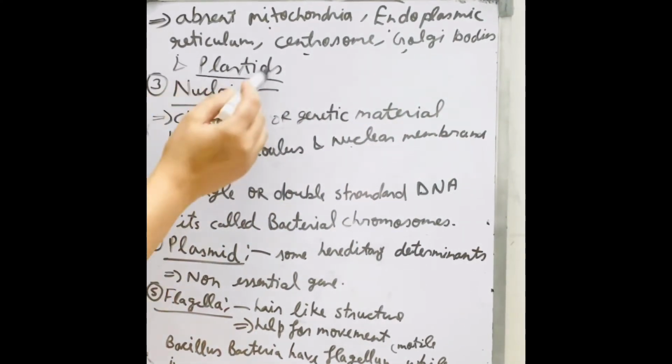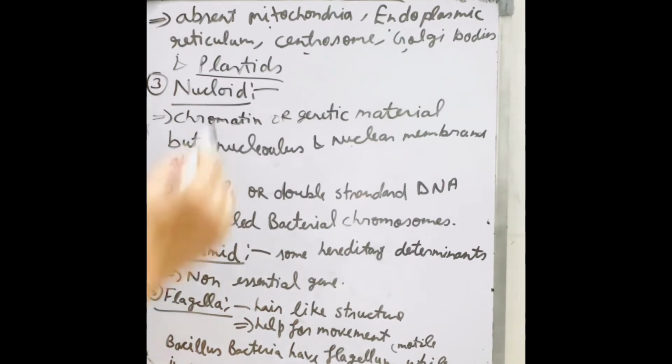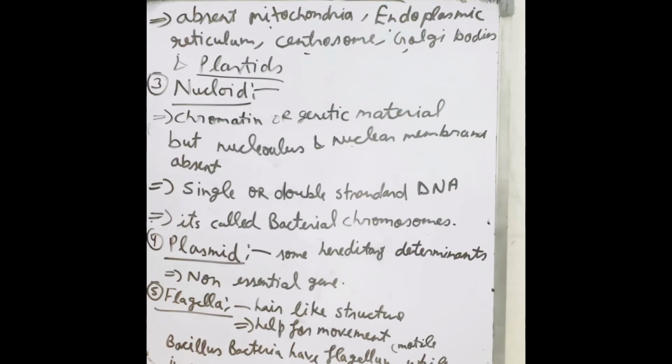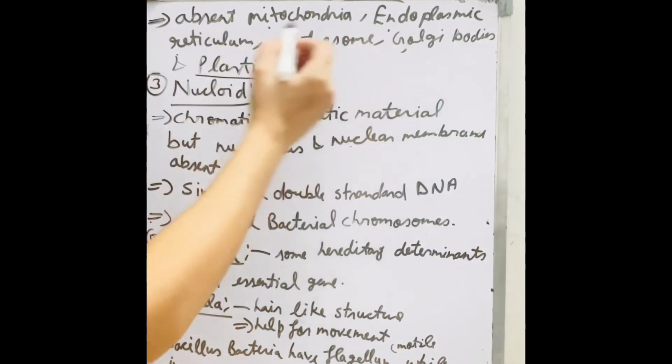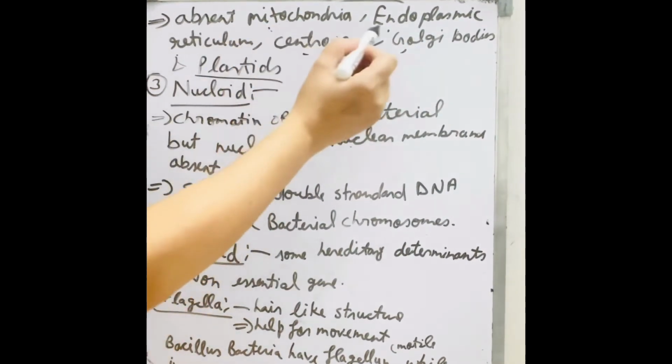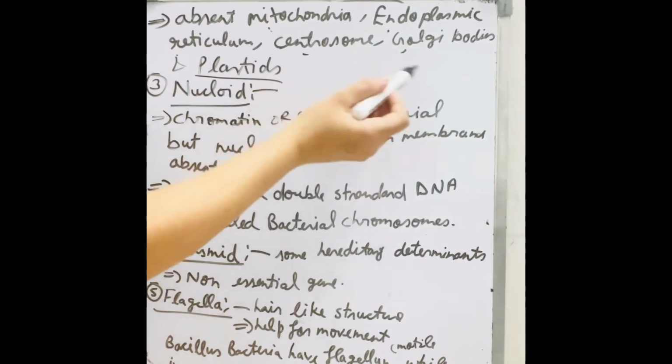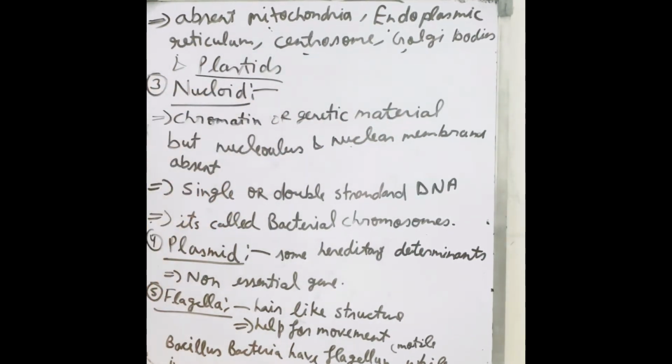So in which cell are all these organelles present? They are all present in a typical eukaryotic cell, while bacteria is a prokaryotic cell. So mitochondria, endoplasmic reticulum, centrosome, Golgi bodies and plastids are absent.